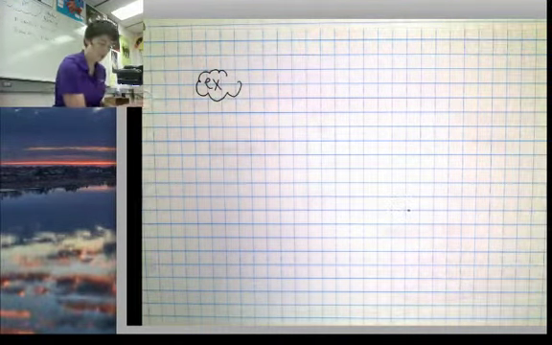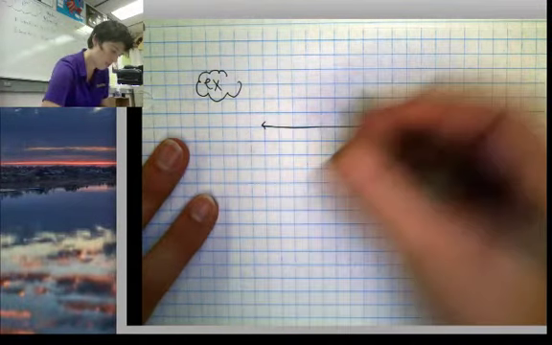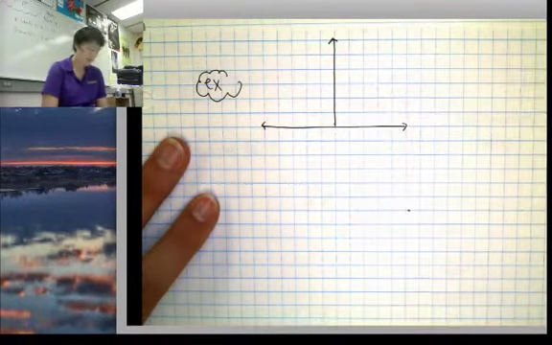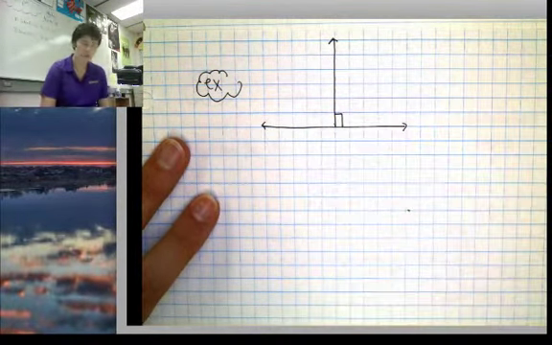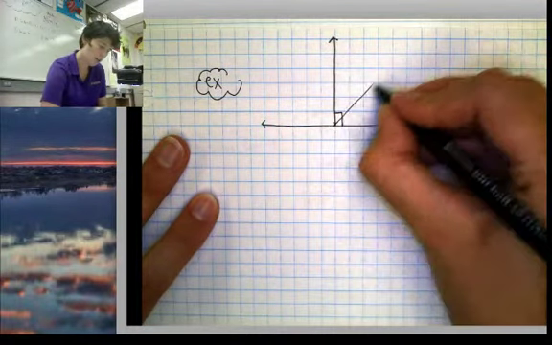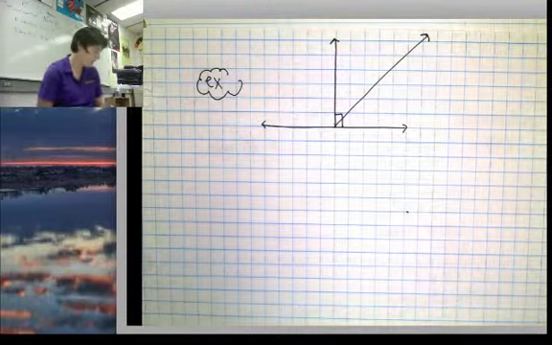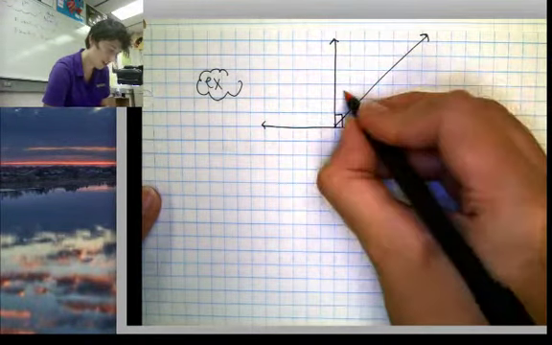So how about this? I'm going to draw a flat line, and then a straight line like this. Then I'm going to draw a 90-degree angle and another ray going like this. And I'm going to put some numbers in here. I'm going to say that this is 2x and this is x.